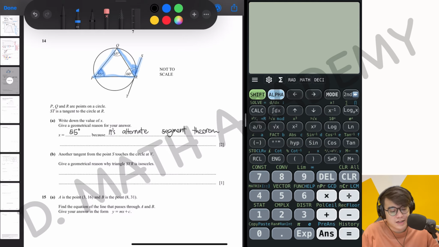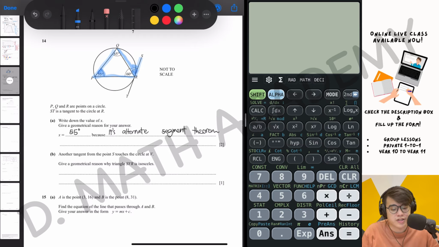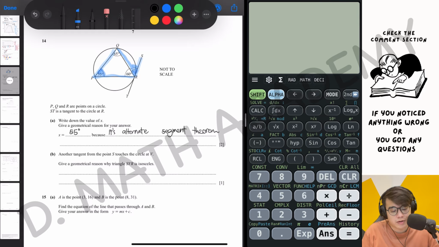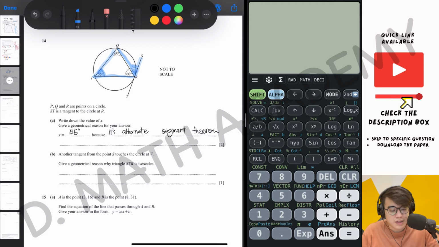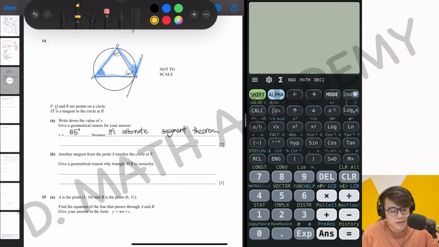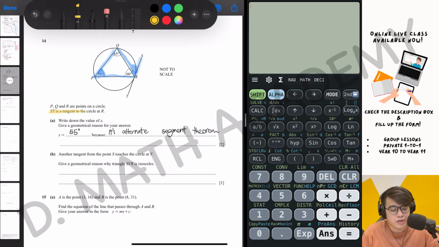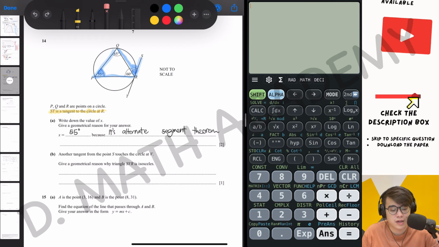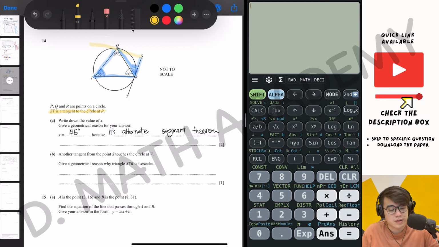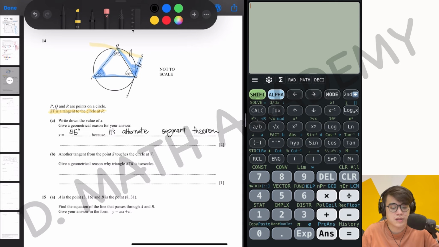They ask another question: the tangent from point S touches the circle at V. Give the geometrical reasons why triangle SVR is isosceles. So based on this statement that they gave us, they told us the ST line is already tangent to the circle. Because of this, when you form another tangent from here all the way to the other side, this distance here and this distance here will be the same.